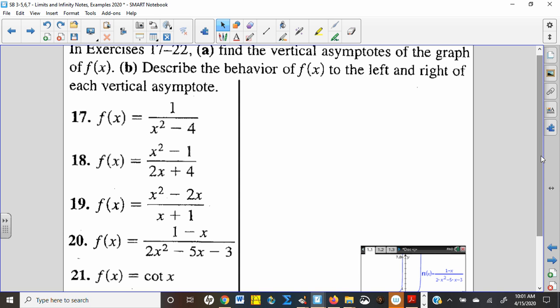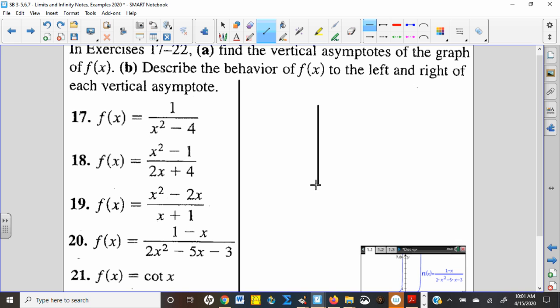And remember, the definition of a vertical asymptote is if my x's are approaching some constant value c, and the y values are approaching plus or minus infinity, well, then I found myself a vertical asymptote.